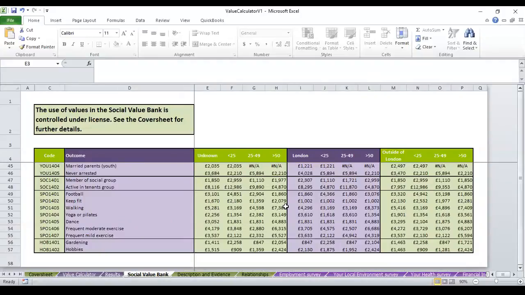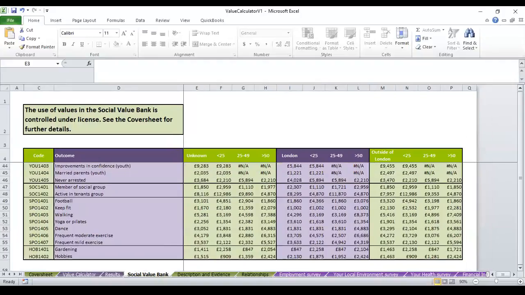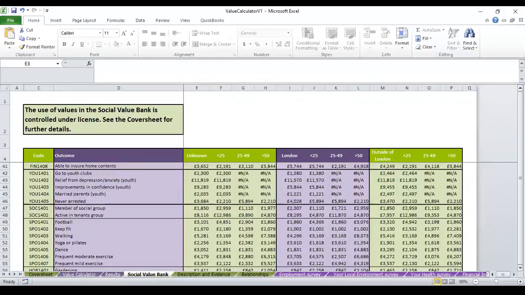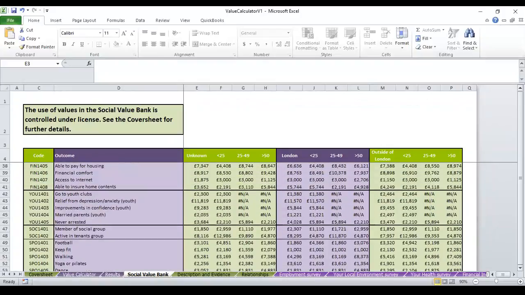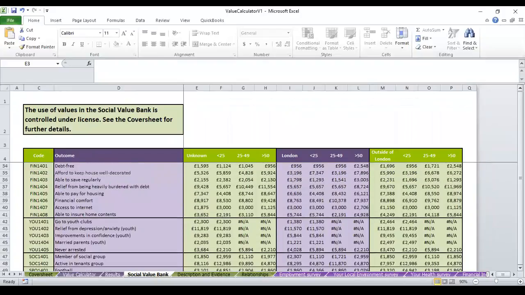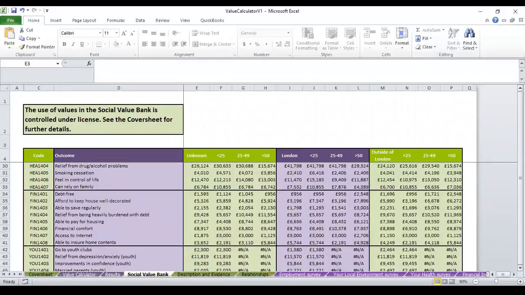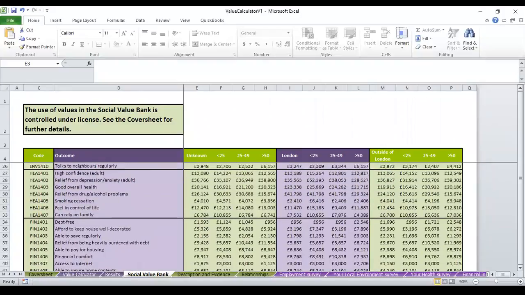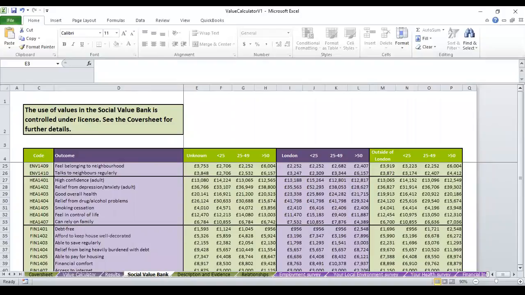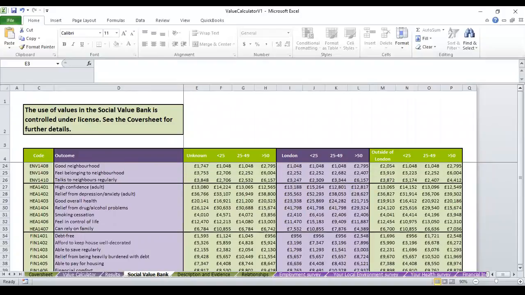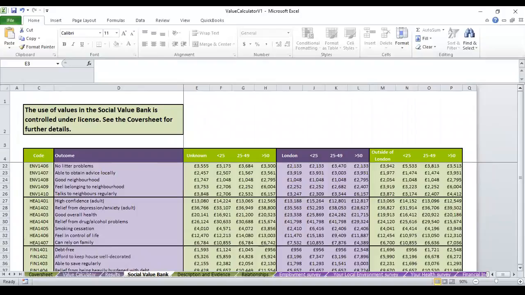There's also down the bottom things like people having hobbies, doing frequent mild exercise, keep fit, being active in a tenants group or a member of a social group, going to youth clubs, having access to the internet, able to save regularly, being debt free, feeling in control of their life, not having depression, anxiety, and having high confidence.